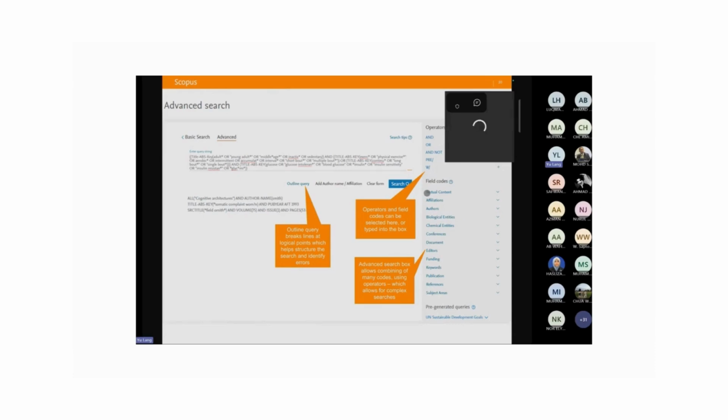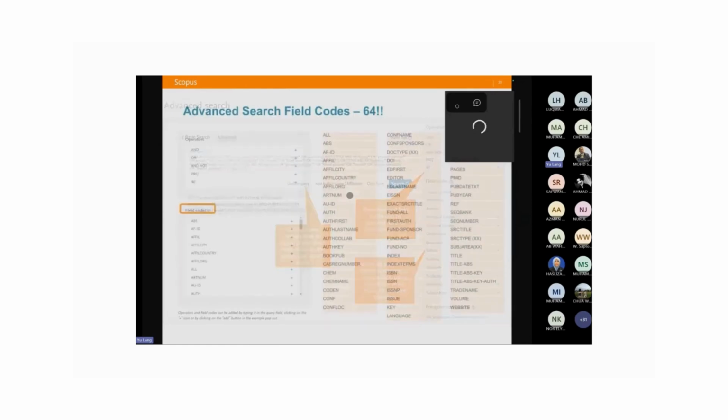In advanced search, you can search up to 64 different search fields, whereas in the basic search drop-down menu, you only have 26.